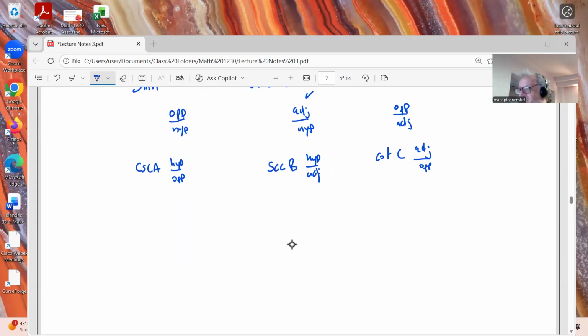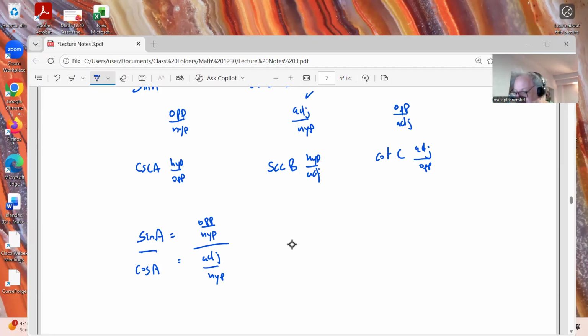The other thing we can do about this is we know that the sine is going to be the opposite over the hypotenuse. I'm going to use the same angle. My cosine is going to be my adjacent over my hypotenuse. Now, if I divide these two together, we have sine divided by cosine, opposite over hypotenuse divided by adjacent over hypotenuse.